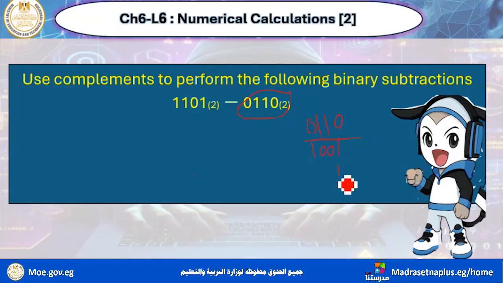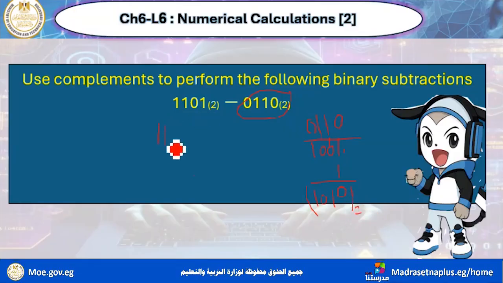Now add 1. 1 plus 1 is equal to 0, and we carry 1. 1 plus 0 is equal to 1. Now put the 0 and the 1. So this is the complement.